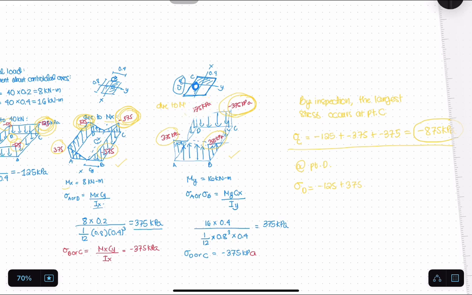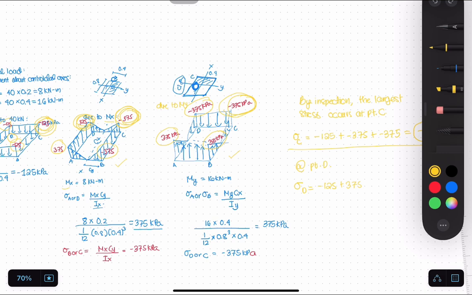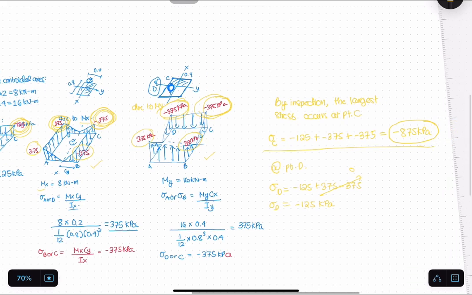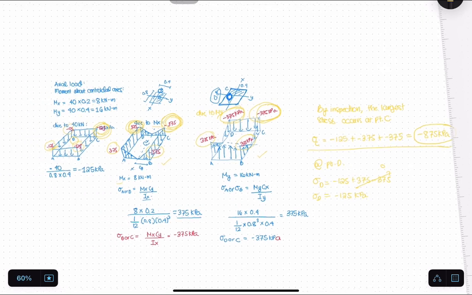And then next is ito, negative na siya. So, negative 375. Kung equal natin yan, makancel man to. So, natira 125. So, hindi talaga siya mas lalaki pa sa napili natin na sigma C, which is the largest. Okay? So, this is our answer.